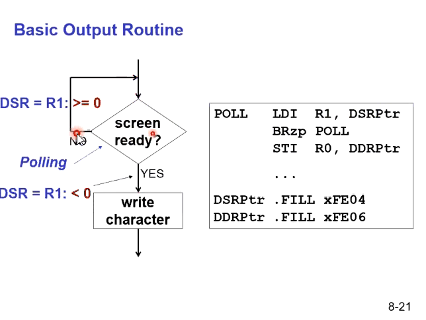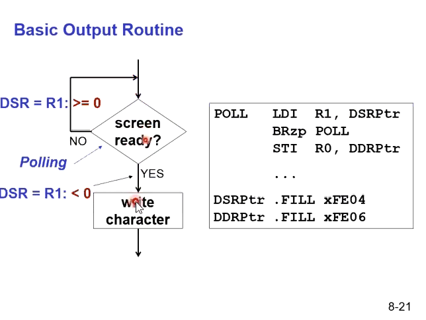When the DSR bit is 1, that means it's negative, so we go out. At that time we can write a new character. But if not, the screen is not ready, so we couldn't write the new character.